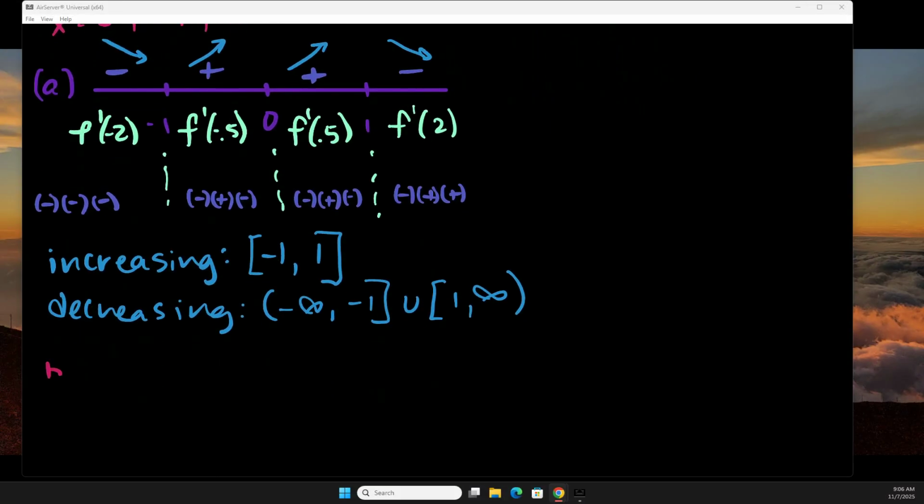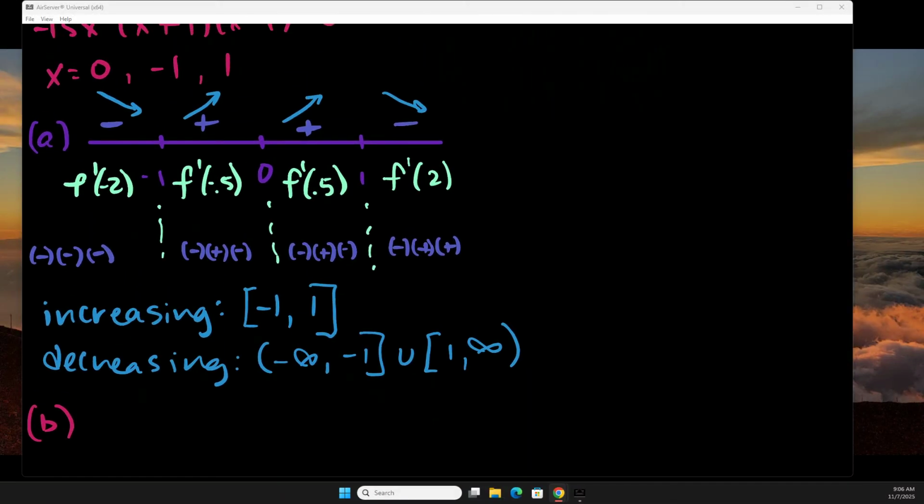And then part B, we are going to identify the relative extrema. The arrows also really help you see that, because we know if we're changing from decreasing to increasing, we get a relative minimum there. And that is when the x is -1.